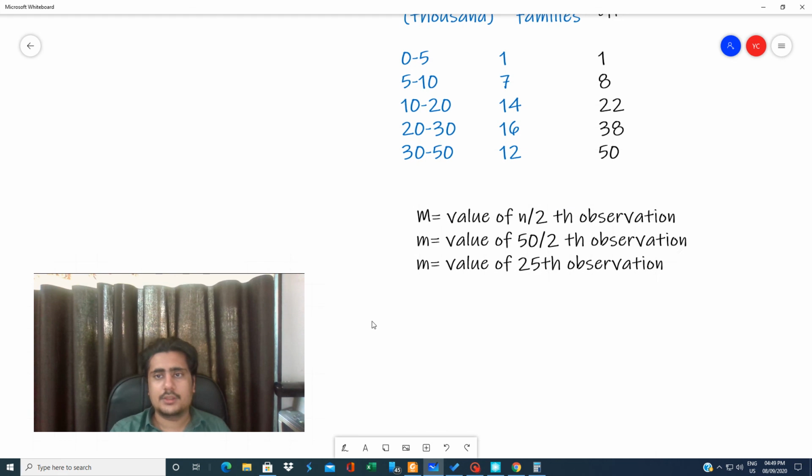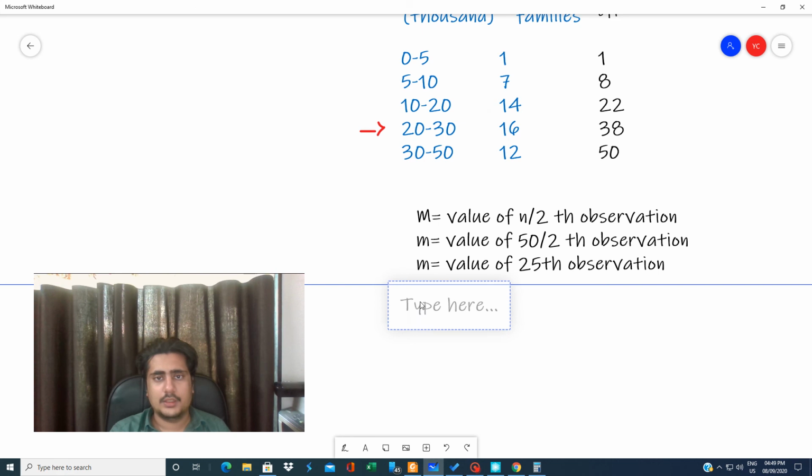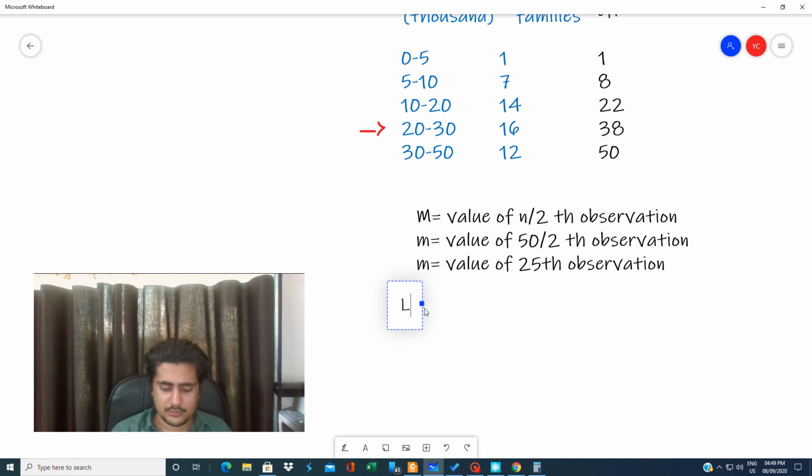Now where is this 25th observation going to fall? This 25 is going to fall here. Now let us write the required information. L is 20. CF is 22. Frequency is 16. And class length is 10.